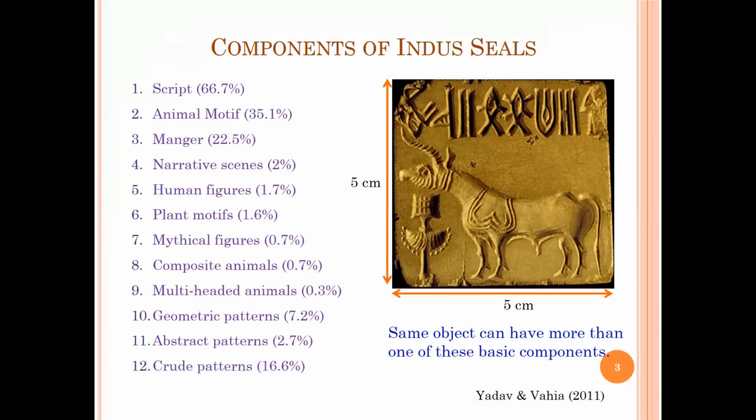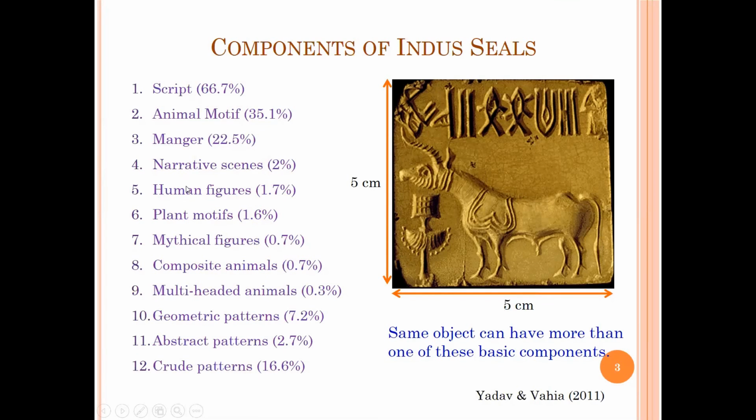However, we also have evidence of other interesting components which are listed over here, and they include narrative scenes which could be depicting their myths or fables. We find evidence of human figures. We also find composites of human and animal motifs.